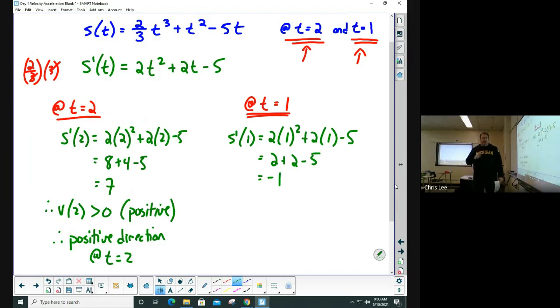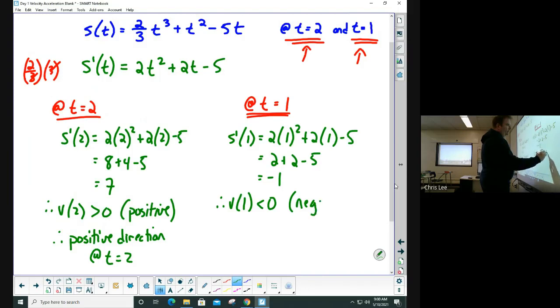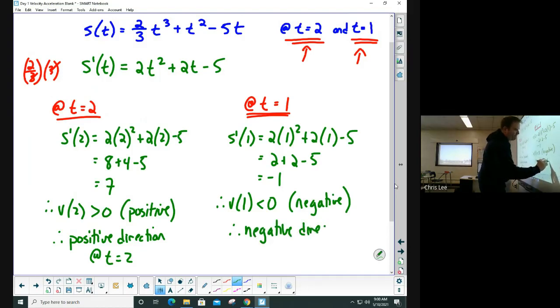So I got that the velocity is -1, which means the slope of the tangent is negative, which means it must be going in the opposite direction. And so since v at 1 is less than 0, which is negative, then it must be moving in the negative direction at t equals 1.